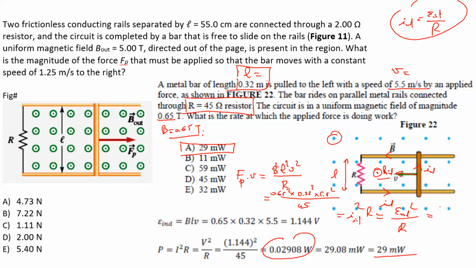Now, EMF induced is BLV. So B squared, L squared, V squared divided by R. Surprise, surprise, I get the same answer. All the ways lead to Makkah, if you take the right way. Okay, so that's it.